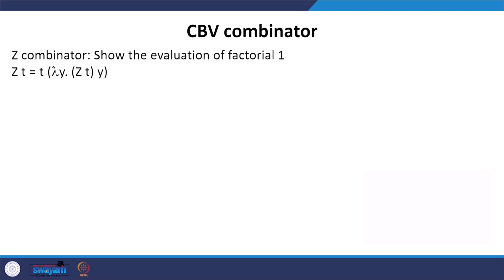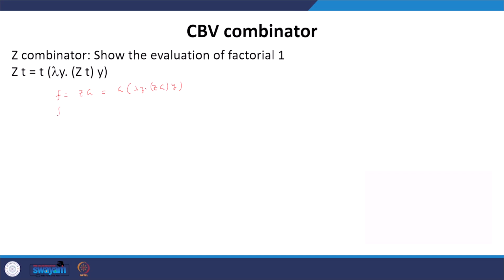So now we are going to evaluate the z combinator to see how it will give us the factorial function. So factorial 1 is what we are going to do. So we know zt is zt embedded here. So f is equal to zg, that will be equal to g of lambda y dot zg of y.